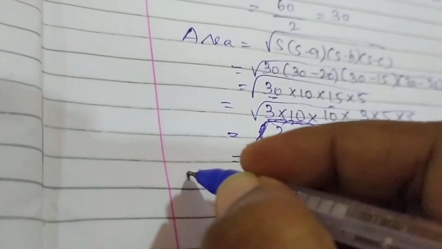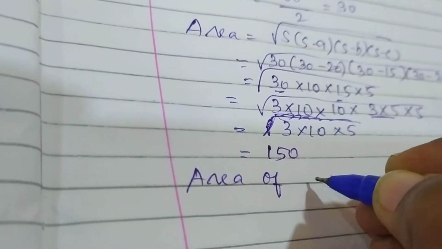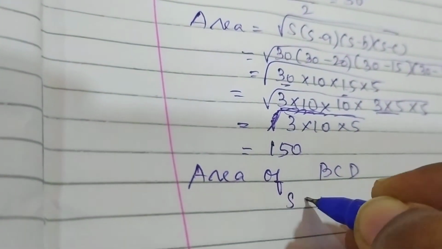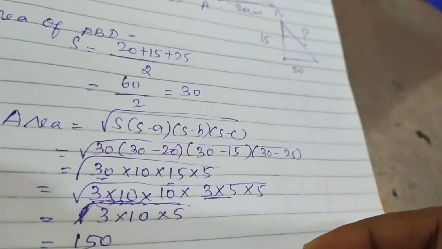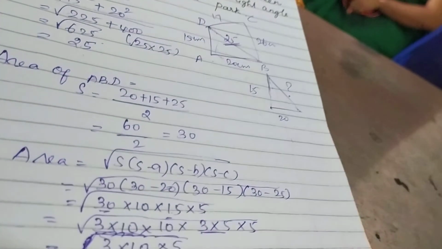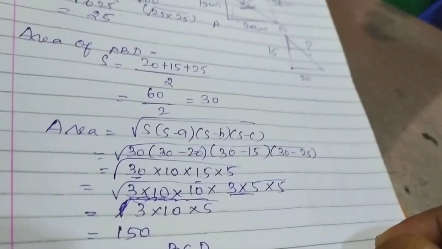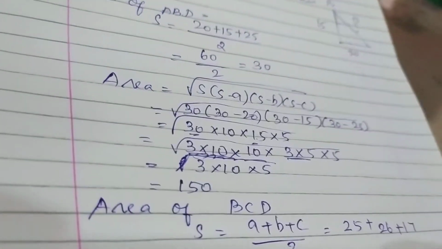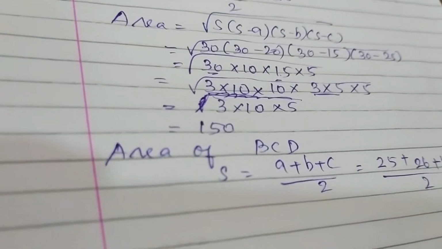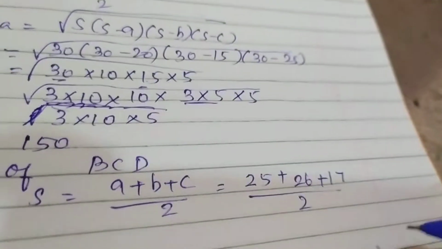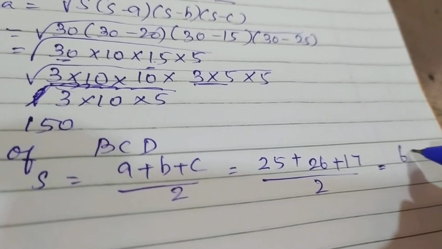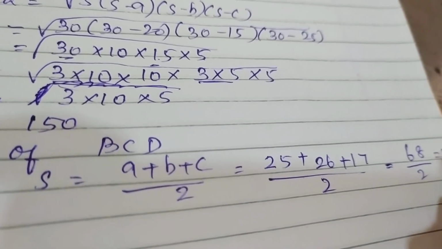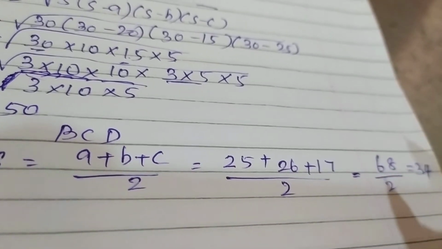Next, area of BCD. First we want to find S. S equal to A plus B plus C by 2. So 25 plus 26 plus 17 by 2, which is 51 plus 17, 68 by 2 equal to 34. So S equal to 34.